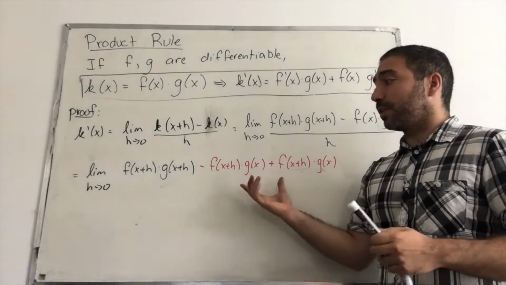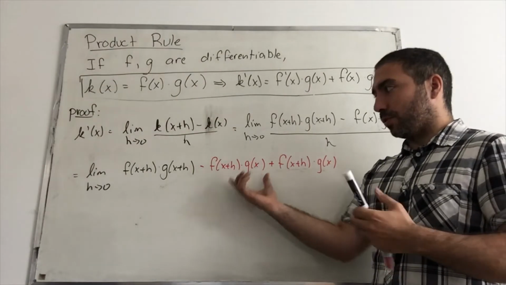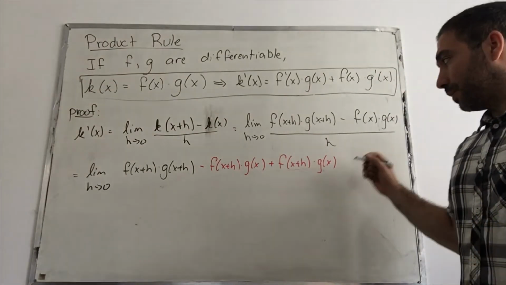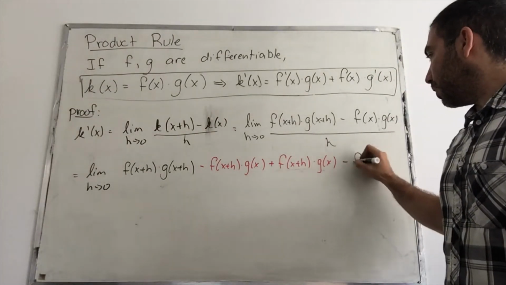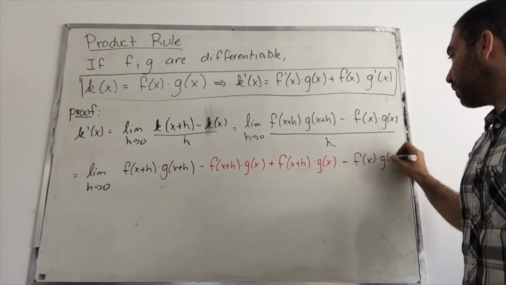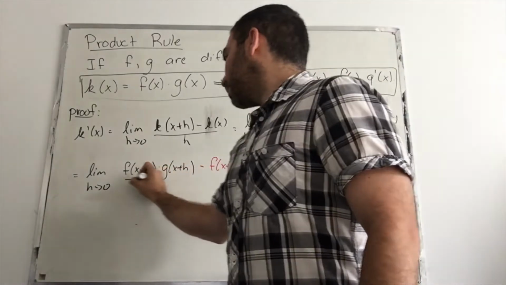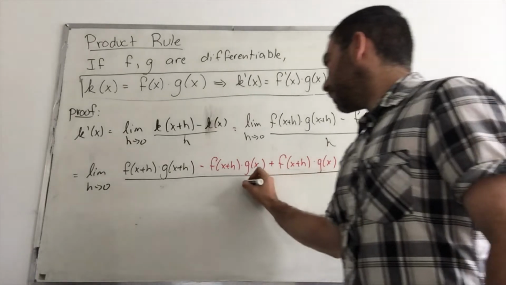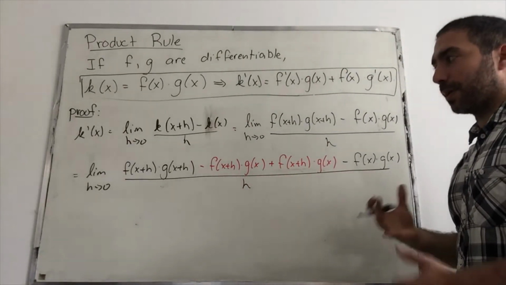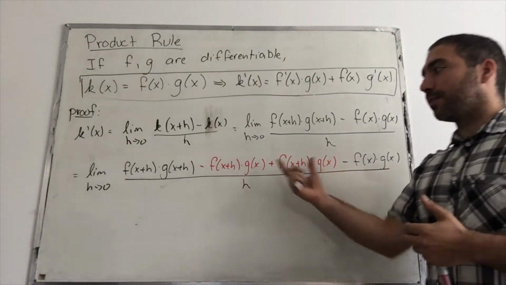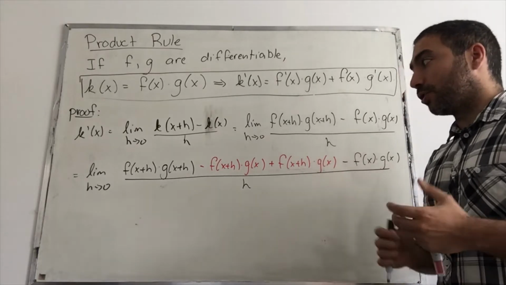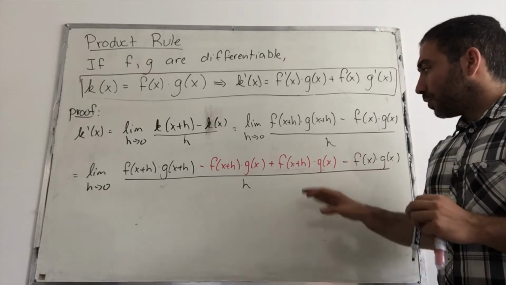Again, whoever came up with this, there's really no reason why he chose this. It ends up working. And then I'm going to end it with our f of x times g of x and divide the whole thing by h. Okay. And this is what's difficult about proofs, because sometimes you have to add, subtract things to get the job done. So that's what we're doing here.